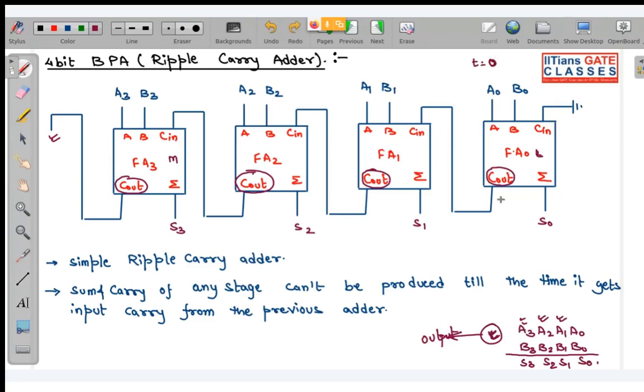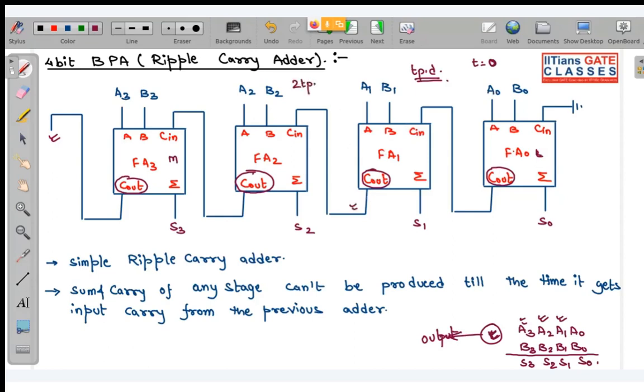After some finite time, this Cout will be generated and supplied to the subsequent full adder. Let me assume that time is TPD. After TPD time we get this Cin, which will produce its Cout after one more TPD.